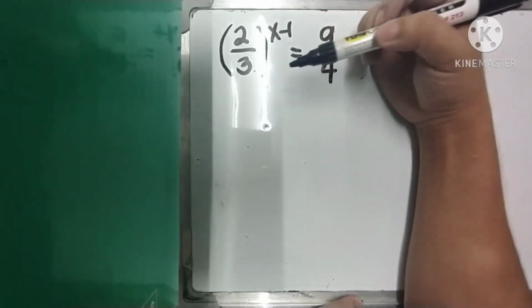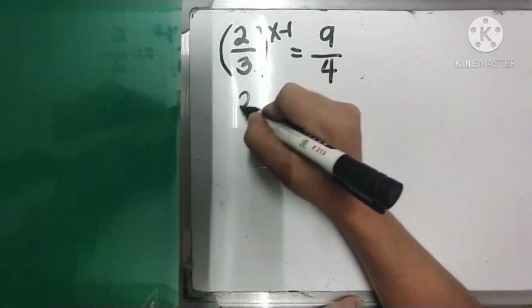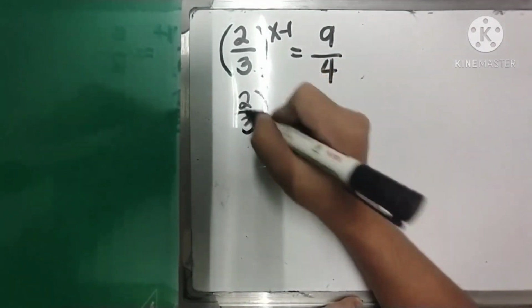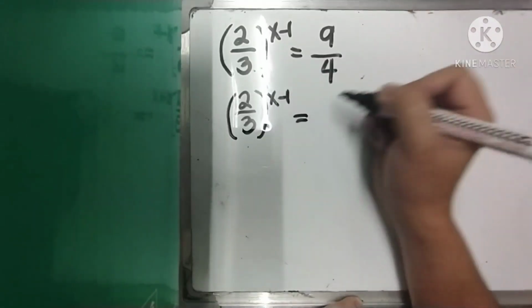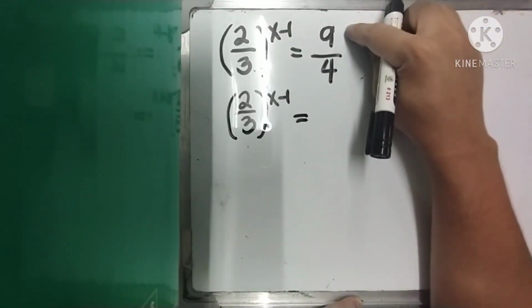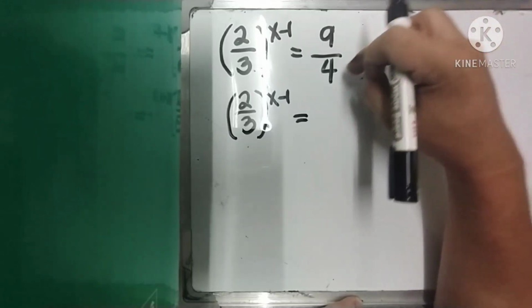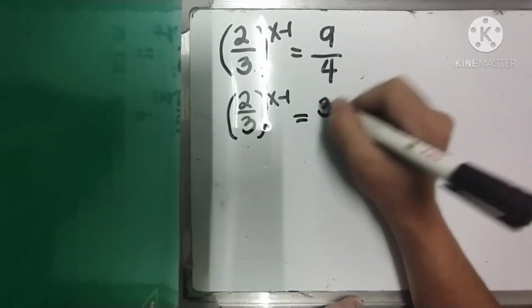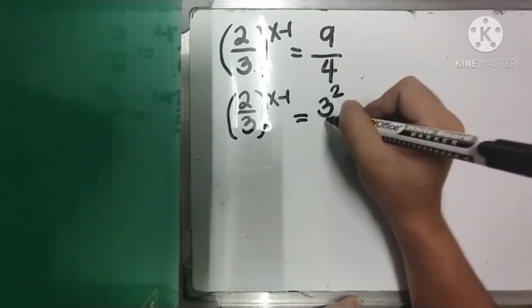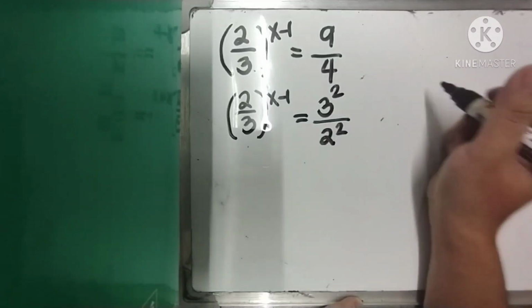So this will be our base. So we copy 2 over 3 to the power of x minus 1. Then, we need to express 9 in an exponential form, and also 4. So, 9 can be written as 3 to the power of 2, and 4 can be written as 2 to the power of 2.